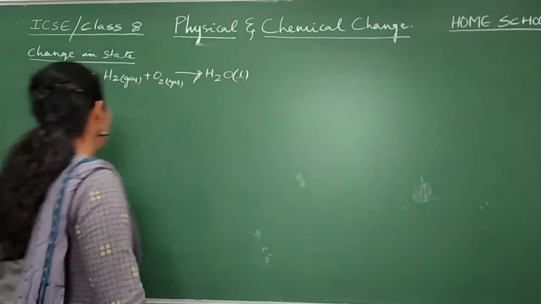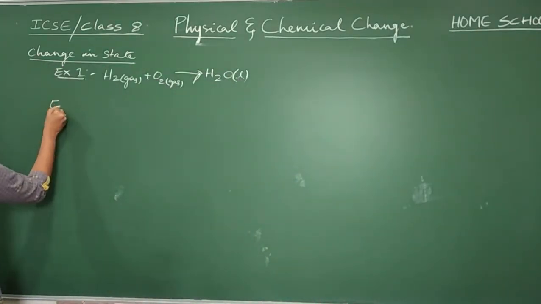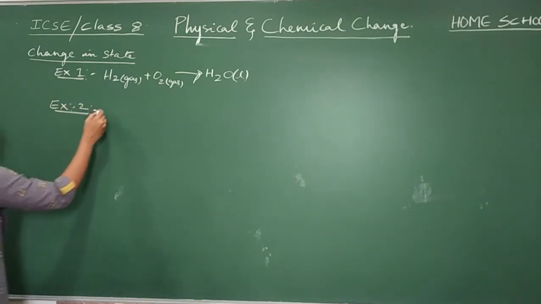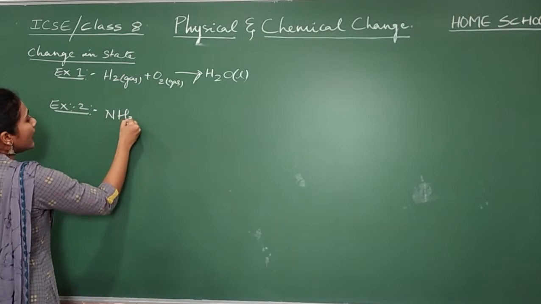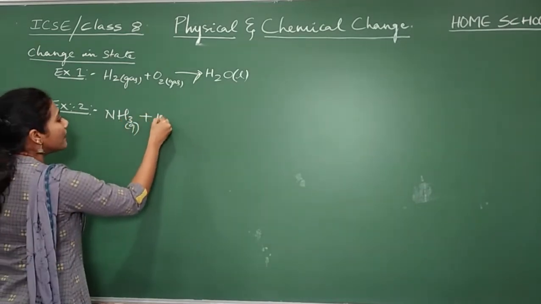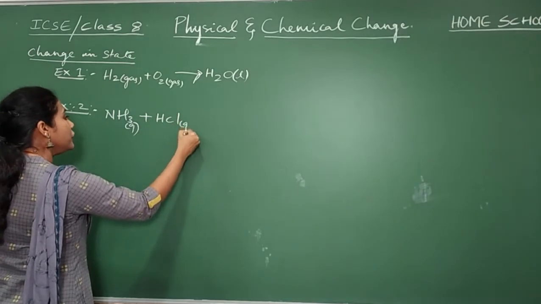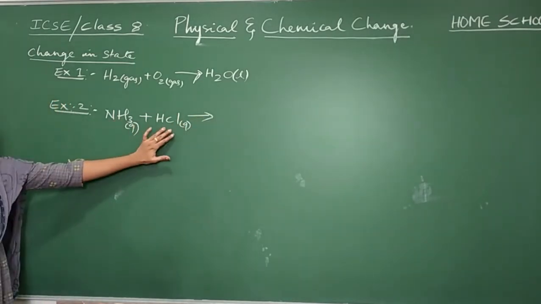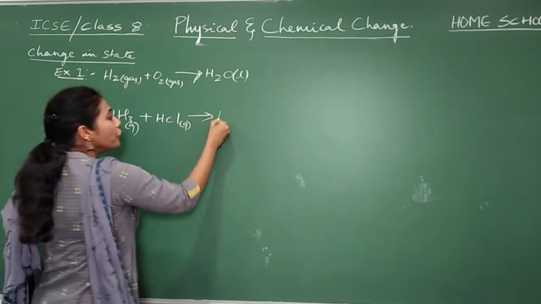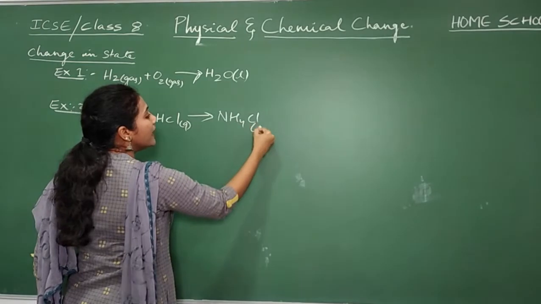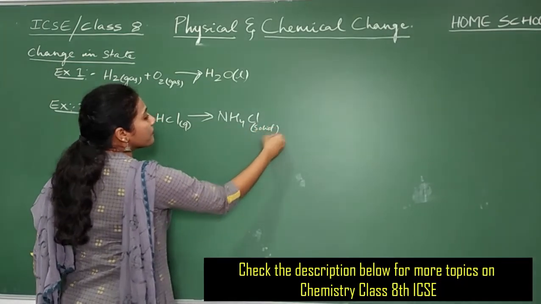Okay, fine. And coming to one more example, example 2. Ammonia, NH3, is a gas. And HCl is also a gas. When ammonia gas is combined with HCl gas, you will see the formation of ammonium chloride, which is a solid.